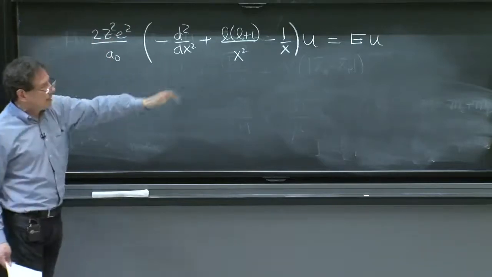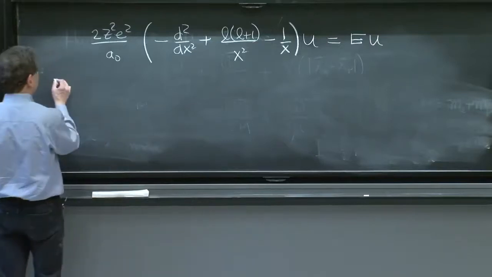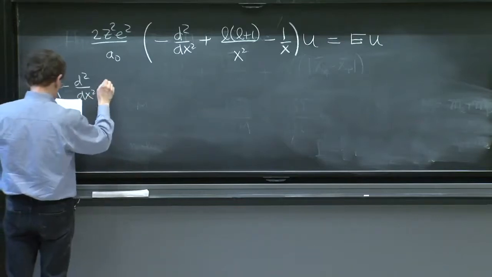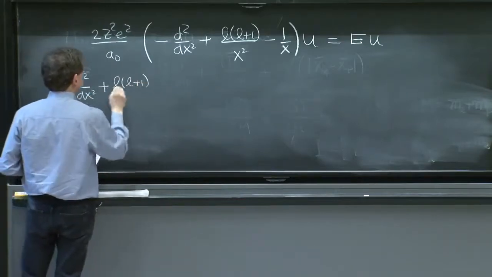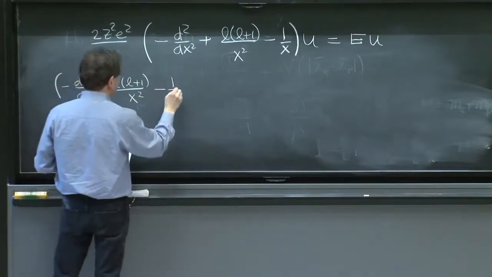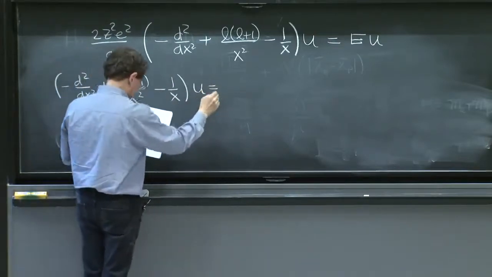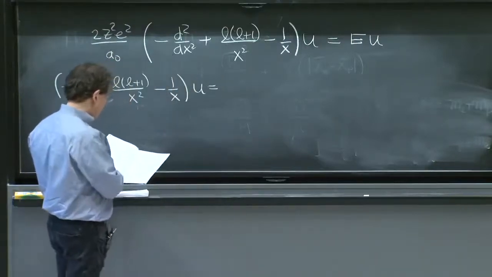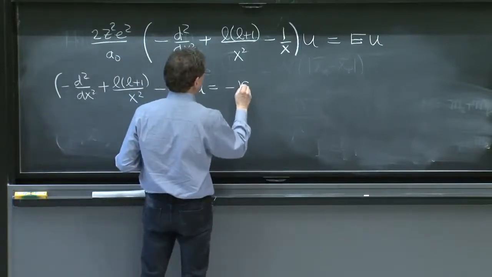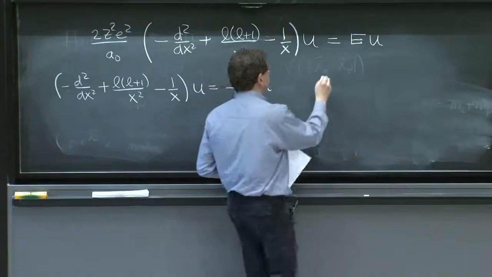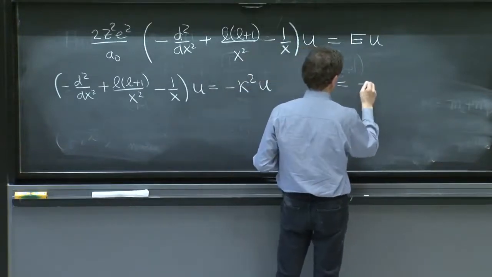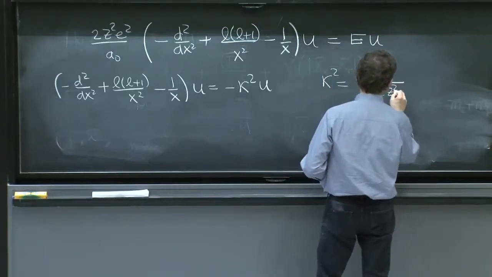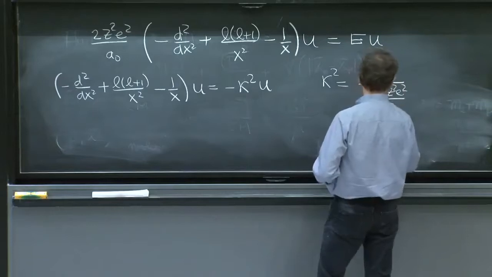So might as well move that to the other side to get the final form of the equation, which would be minus d second u dx squared plus L times L plus 1 over x squared minus 1 over x u is equal to minus kappa squared u, where kappa squared is going to be minus E over 2 z squared little e squared over a0.